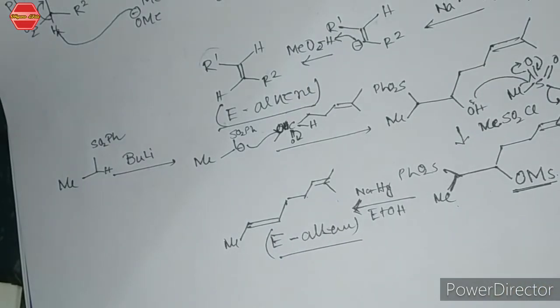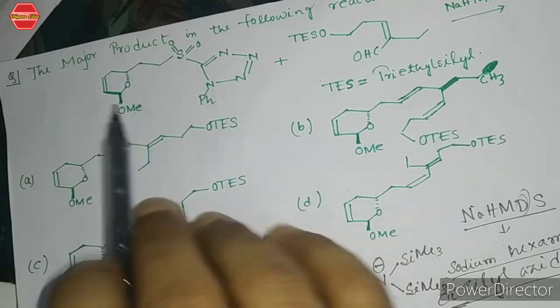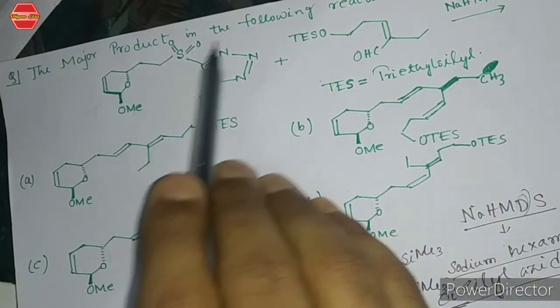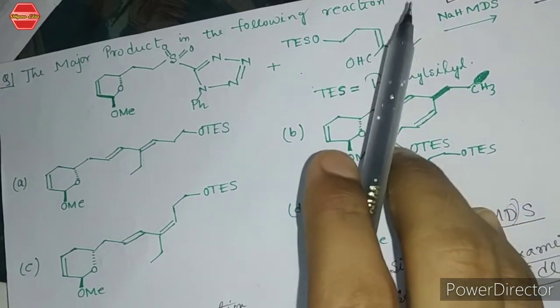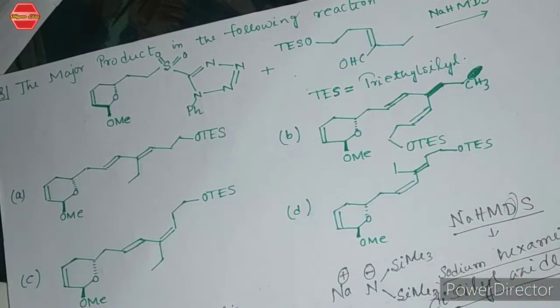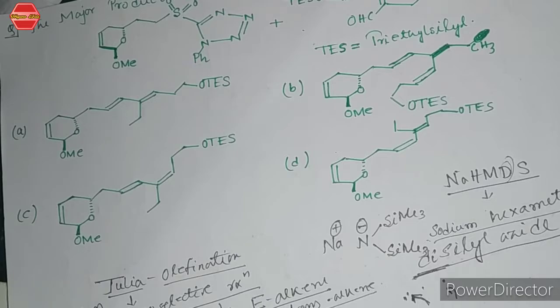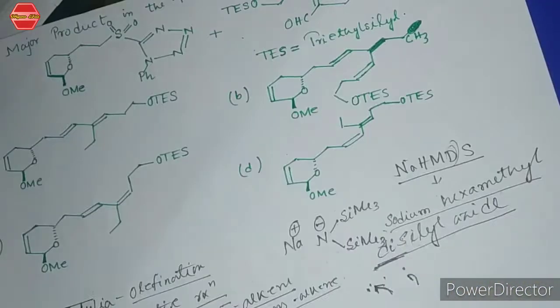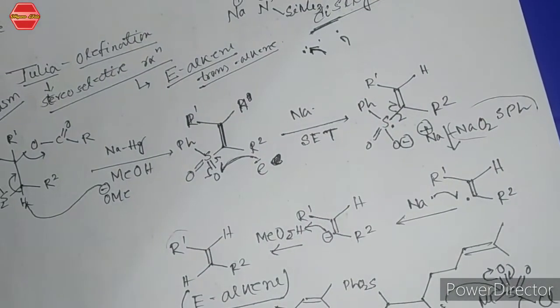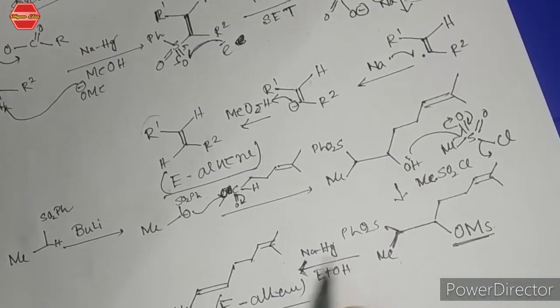Okay, now let's move on to the question. Now there is also given this type of structure, there is a big ring here, and there is also an aldehyde. Now you can easily identify this is a Julia olefination reaction, and there is another method and another type of mechanism, but in the question only the base is given, not the sodium amalgam like things.